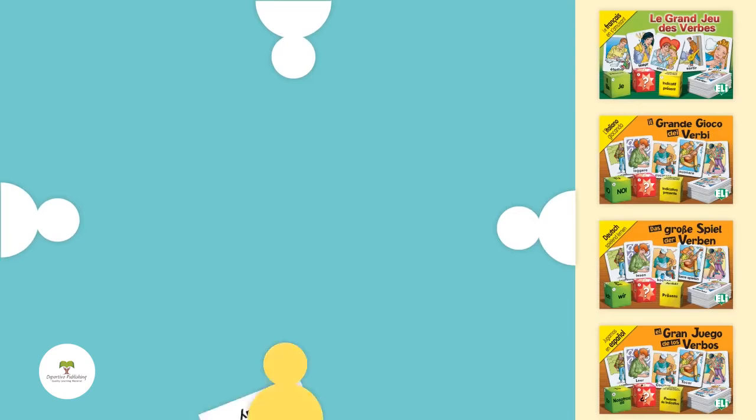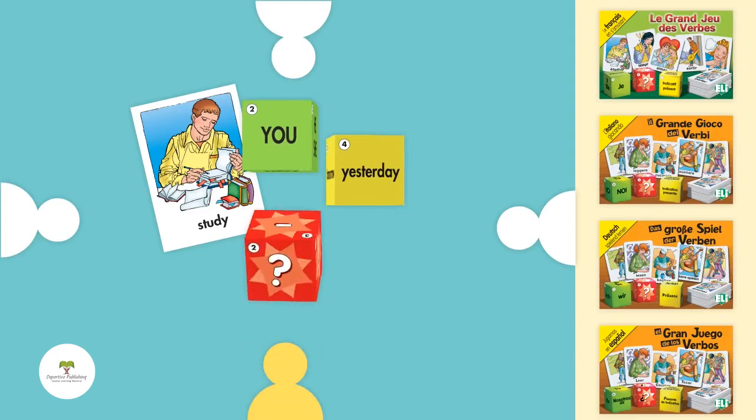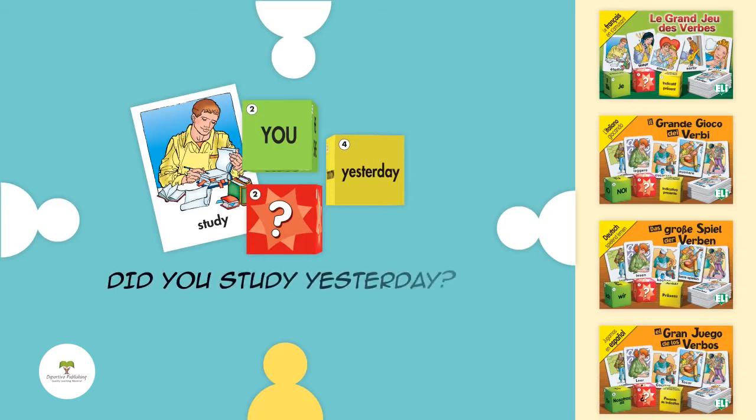The players in turn choose 1 card and throw the 3 dice. To study, you, yesterday. Interrogative form. With the indications of the dice, a sentence is formulated. What about, did you study yesterday?